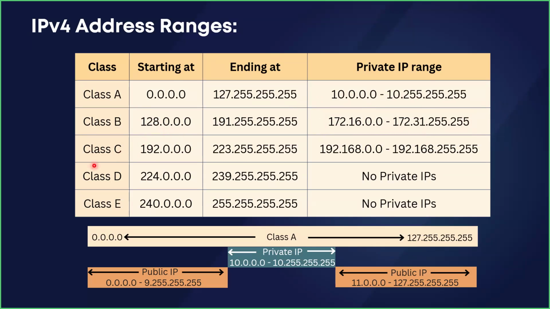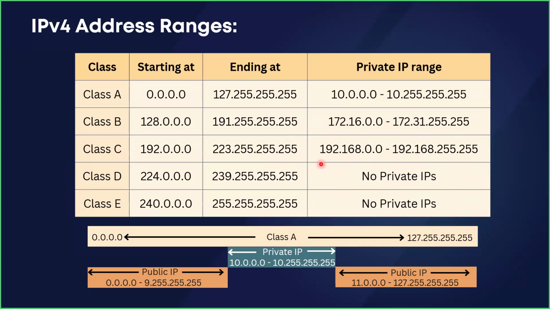Similarly, in class C as well, between 192 and 223, there's a small range, 192.168.0.0 to 192.168.255.255. That's the private IP range in class C. Any IP within that range is a private IP, and any IP outside that range is by default a public IP. And in class D and class E, you don't have any private IPs at all. All of them are public IPs itself.